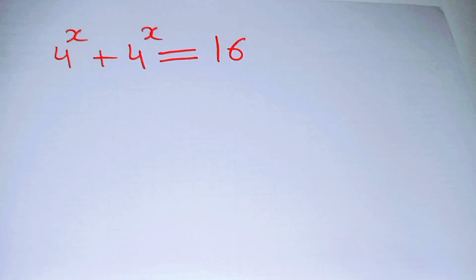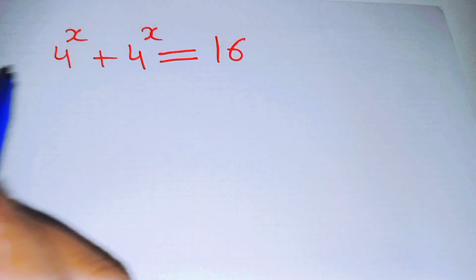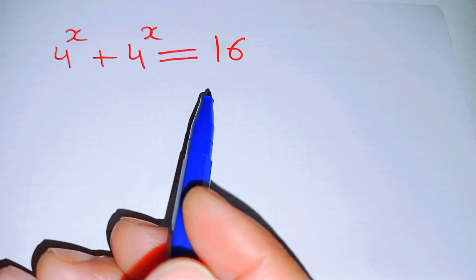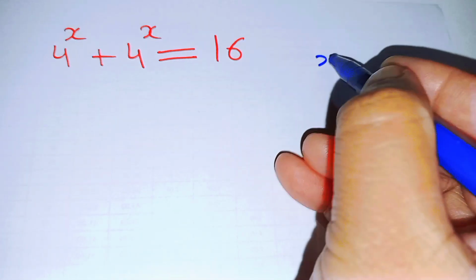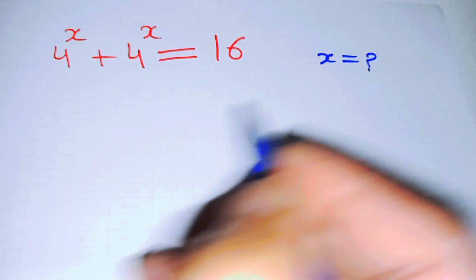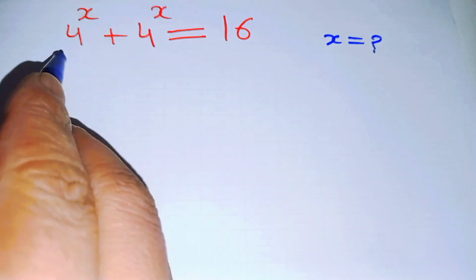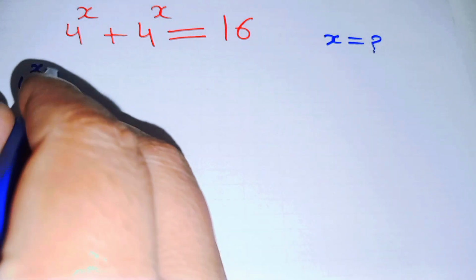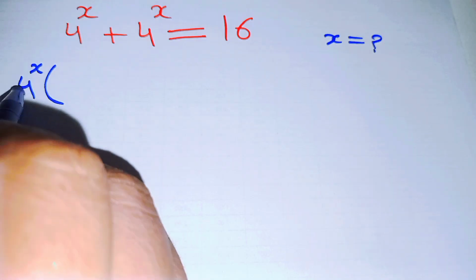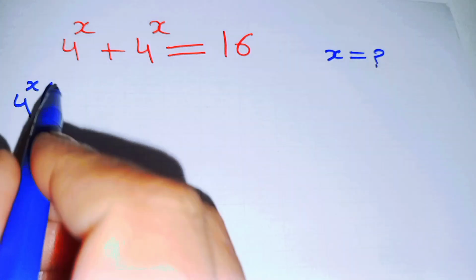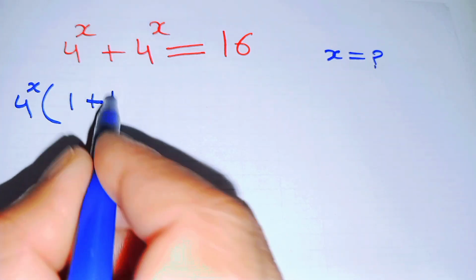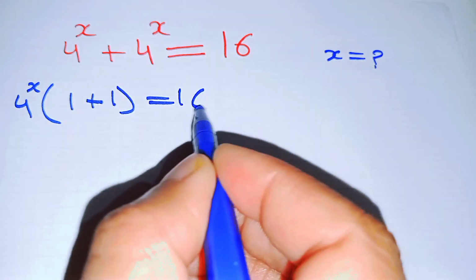And now we discuss another solution, which is 4 to the power of x plus 4 to the power of x is equal to 16, and here we find the value of x. So first of all, we can write this as 4 to the power of x, we take out of the bracket, and this 4 to the power of x divided by 4 to the power of x is equal to 1, plus 4 to the power of x divided by 4 to the power of x is equal to 1, is equal to 16.